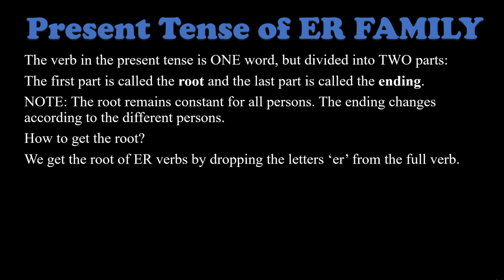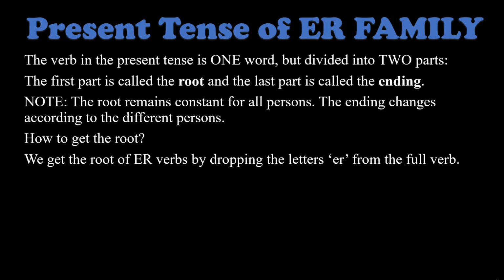That means every verb will have just one root, remaining constant for all the persons. What changes according to the persons is the ending. So, you need to learn the endings by heart and attach them to the root for all ER verbs.